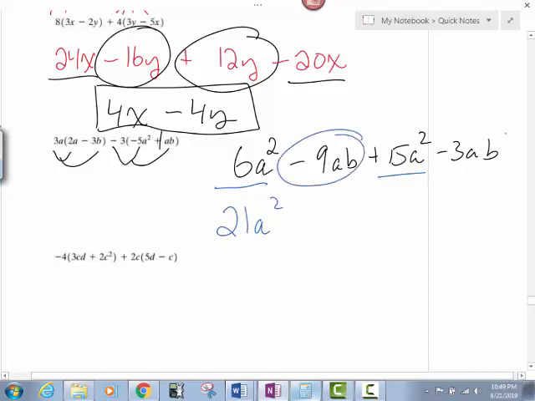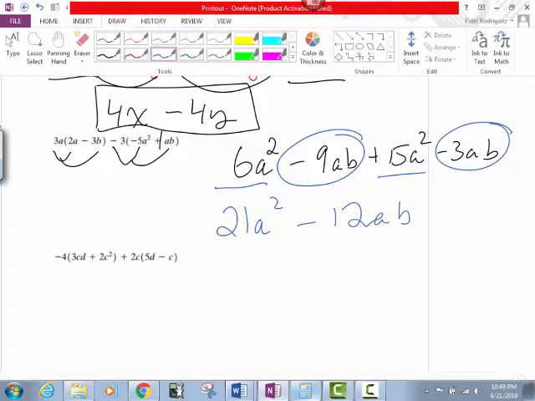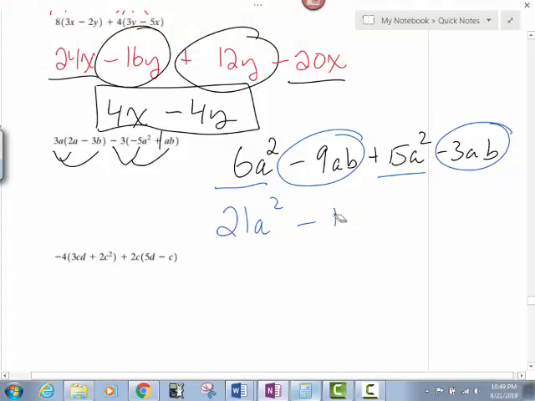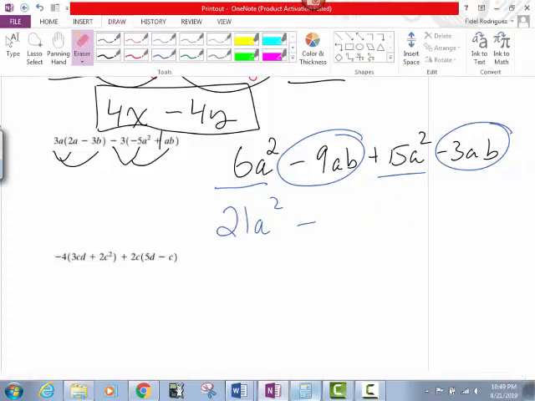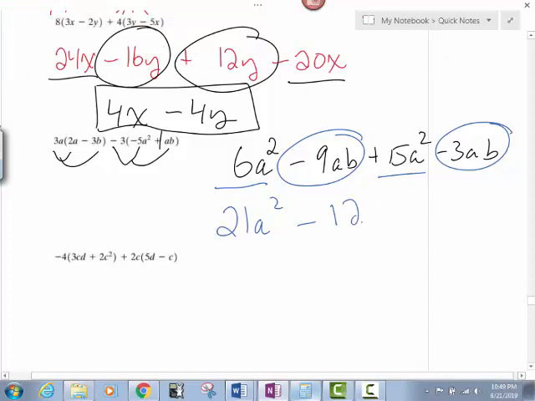A negative 9 and a negative 3, I owe you 9, I borrow 3 more. I now owe you 12. That looks a little messy, let's fix that. I owe you 12ab. There we go. Good.